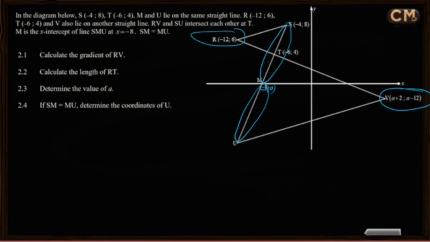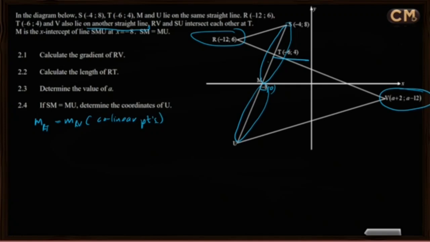So we can't use V, so we'll end up using T. M and U lie on the same straight line, and R, T, and V also lie on another straight line. So it's the second bit of information that's very important, R, T and V. So the gradient of RT is equal to the gradient of RV, because they happen to be co-linear points.